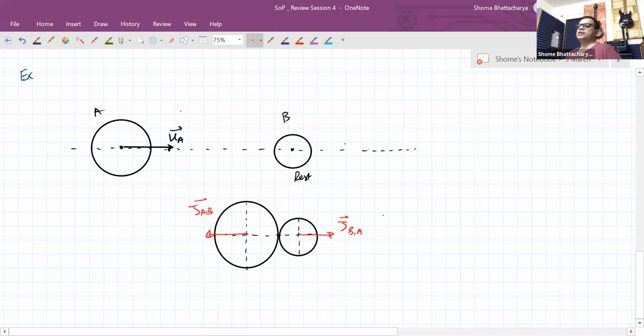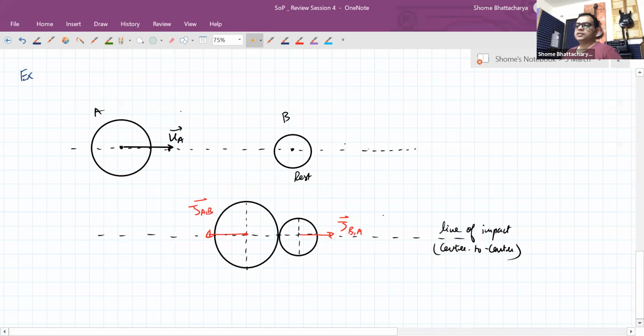That's why after the impact, the final velocities will also be along the same center to center line. So you can see the line of impact will be basically the center to center line, because these are two round bodies, like two discs, or they can even be two spherical bodies on a horizontal plane or whatever.